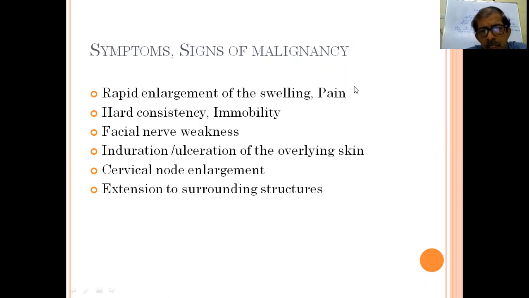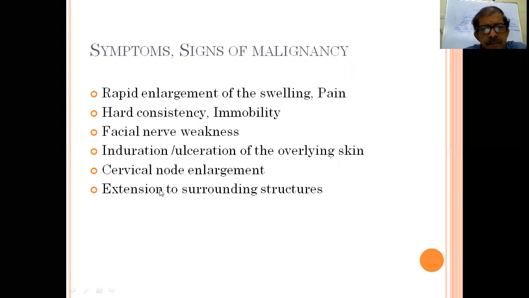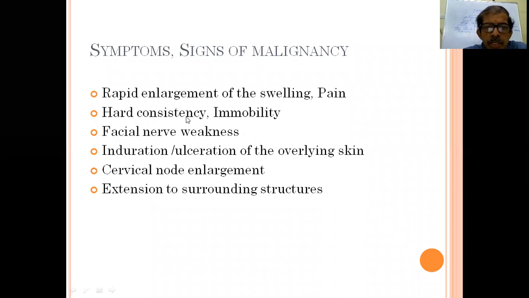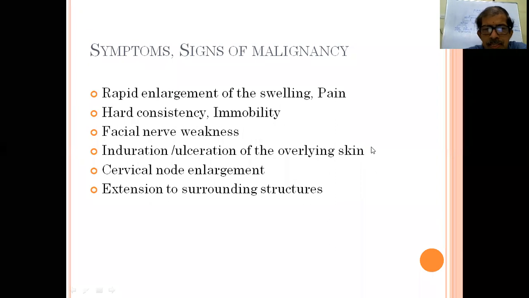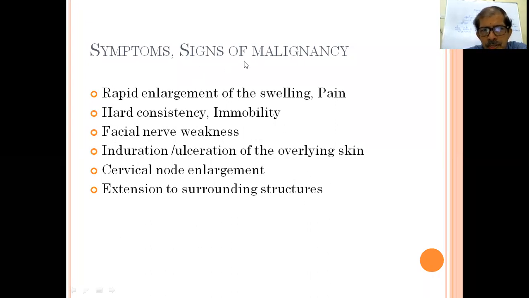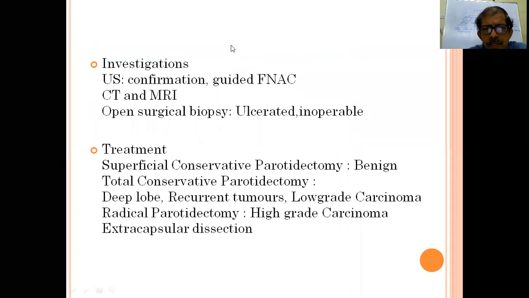So you have to remember all these symptoms and signs: rapid enlargement, pain, hard consistency, immobility, facial nerve palsy, induration or ulceration of the overlying skin, lymph node enlargement, and extension to surrounding structures. These are the symptoms and signs of malignancy.